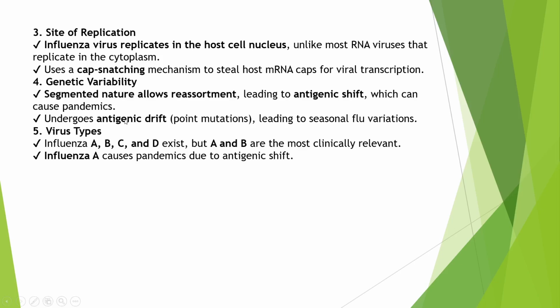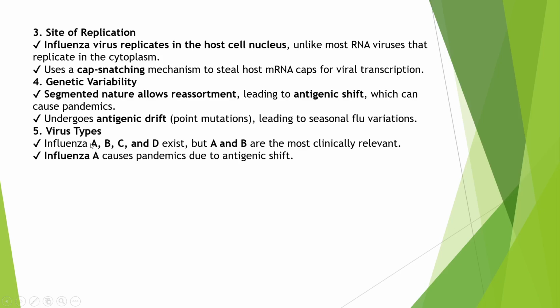So it undergoes several point mutations, which leads to seasonal flu variations. That is why we get seasonal flu, from one season to another season, because of just a change in a single nucleotide. Now it can become more effective in a particular season.